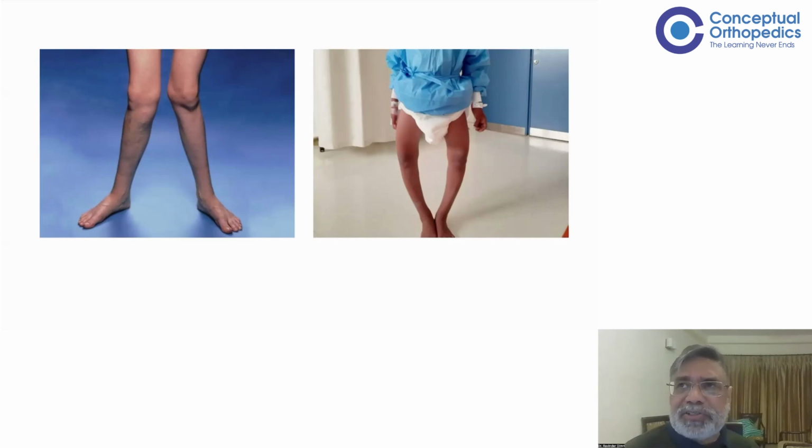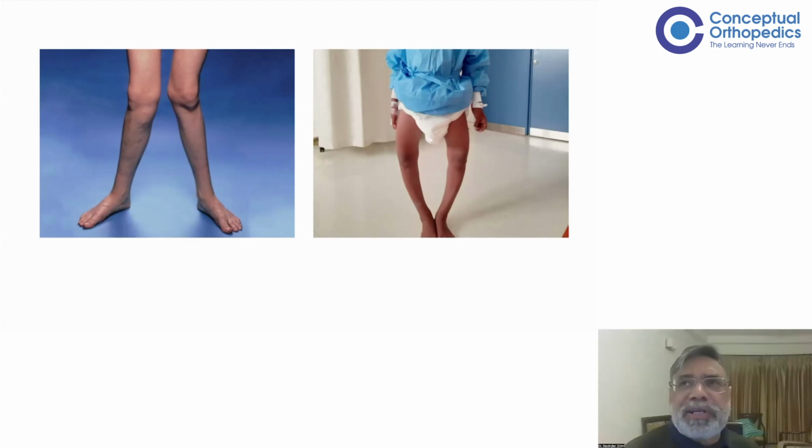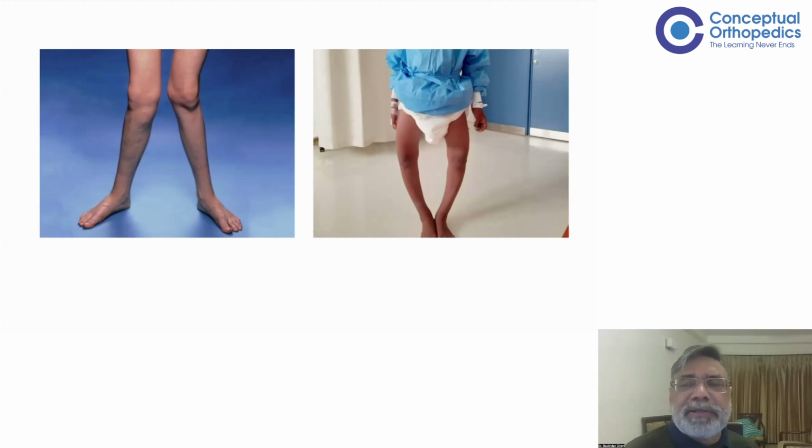What are the features suggestive of not physiological? If it is unilateral, it is very unlikely to be physiological. What else? If it is not correcting with age, or not following that pattern of starting with varus and then correcting. There is a standard deviation, but it should overall follow that pattern.